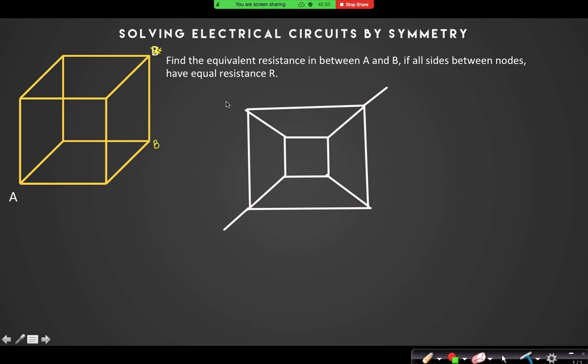So between these 2 points, if you join, then it is very easy to understand that they will carry no current, because that line will be your symmetrical line, vertical symmetry. Can you see that? This is A and this is B, so that line will be vertical symmetry.